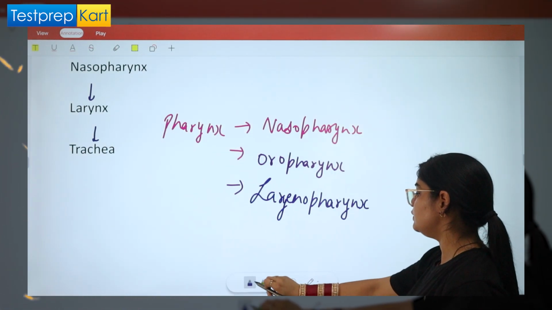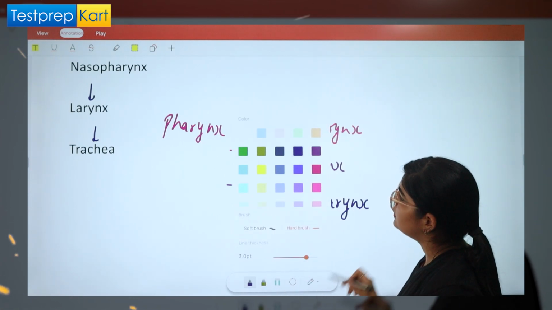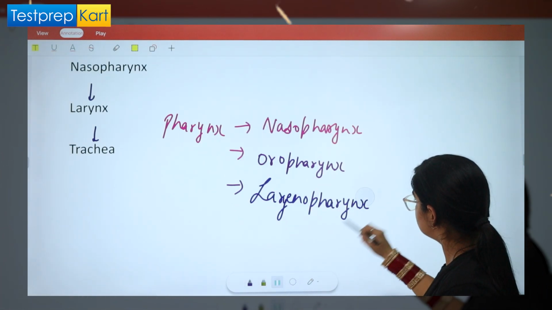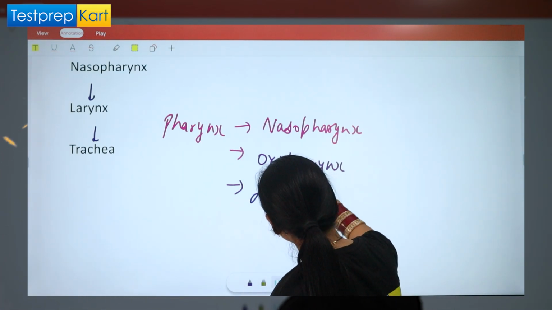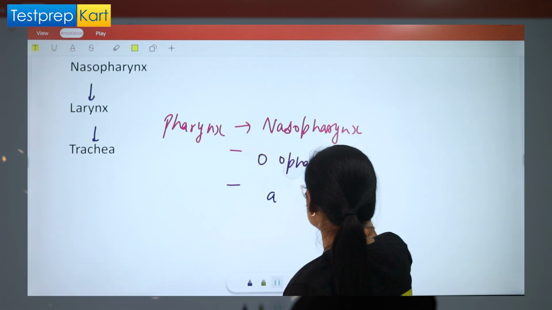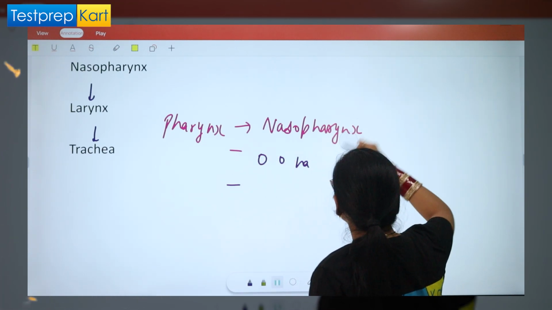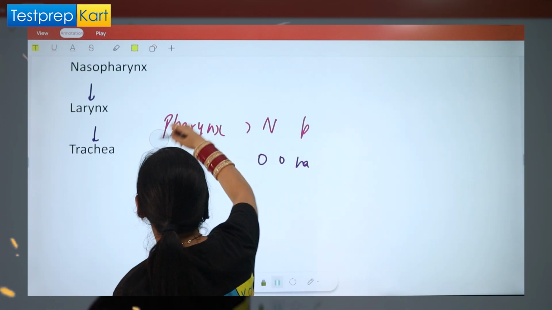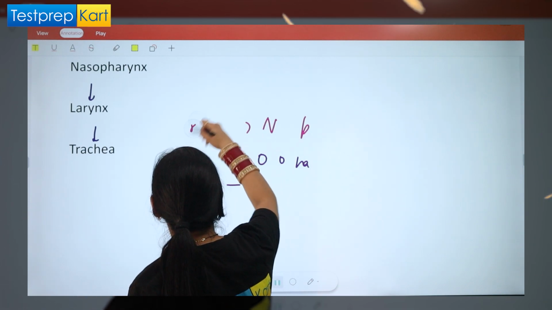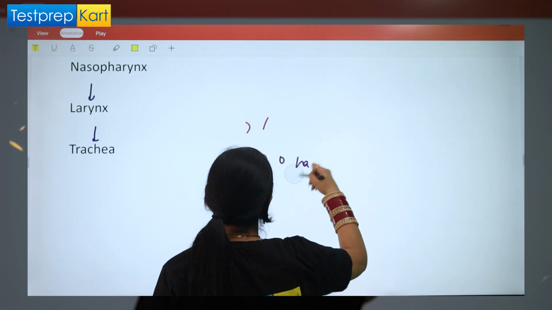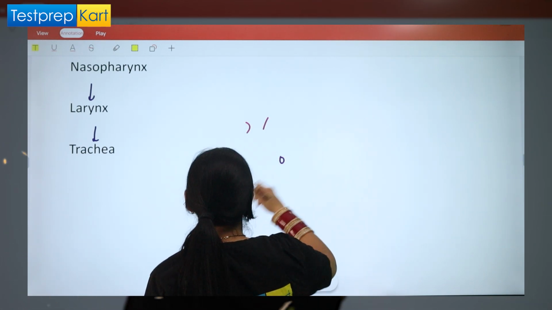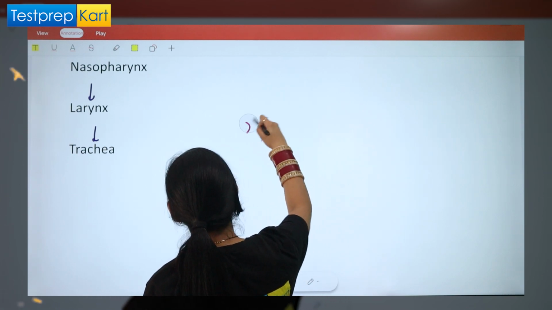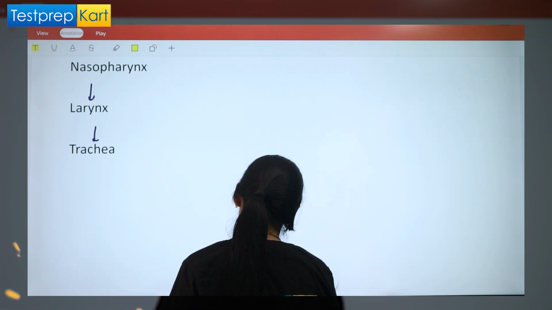When we talk about larynx, larynx is basically the sound box or voice box, right? When we speak something, vibrations are produced, and the sound production is done by the larynx.